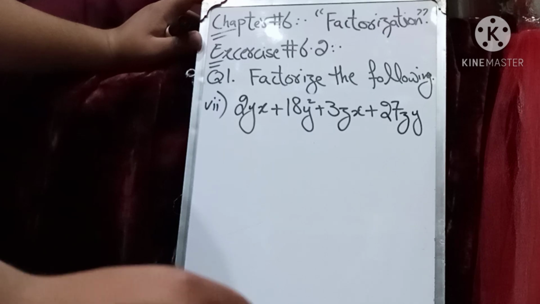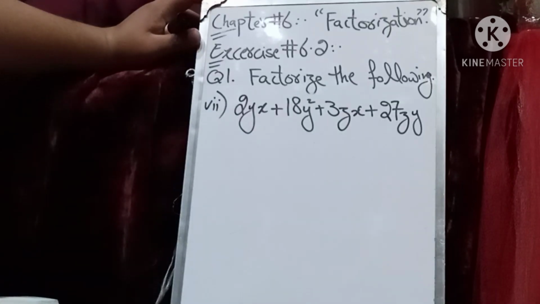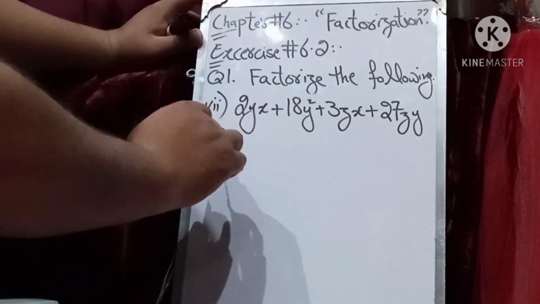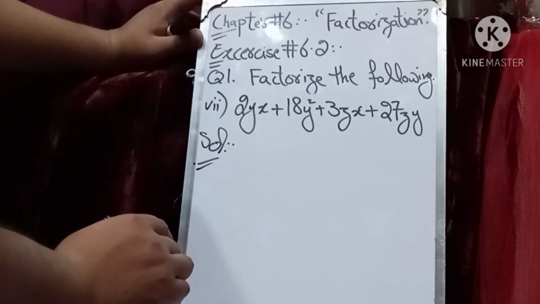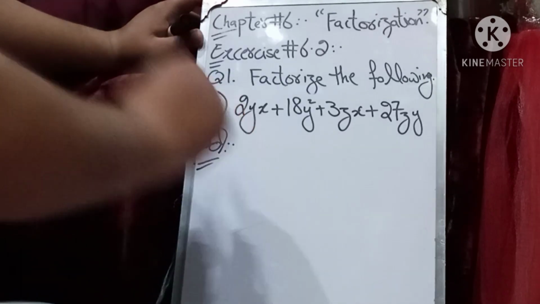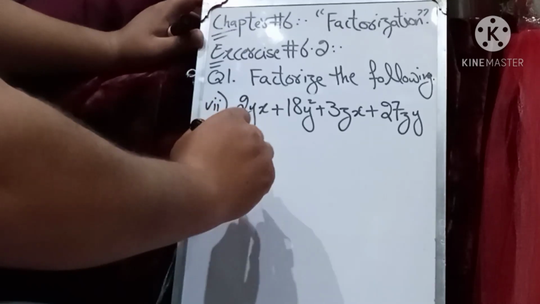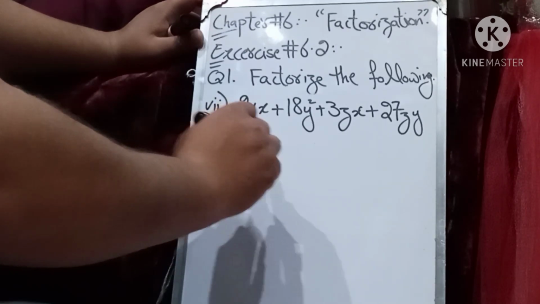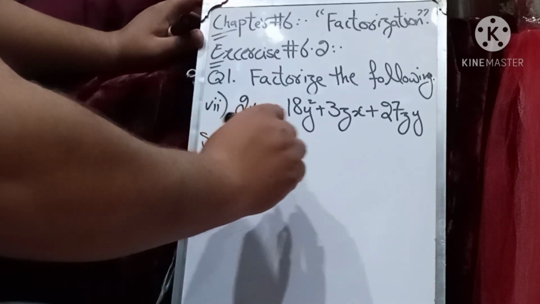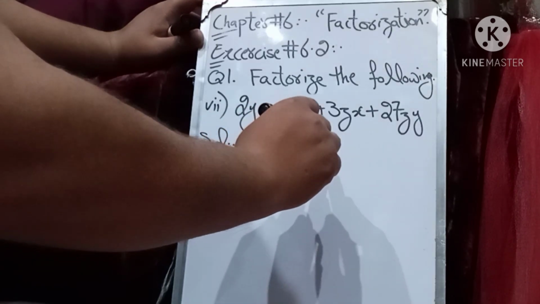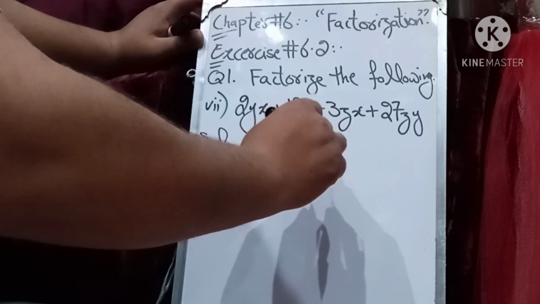In the seventh part, we have 2yx plus 18y square plus 3zx plus 27zy. Again you will make common factors. So 2y is going to be common: 2y multiplied with x, and 2y multiplied with 9y.